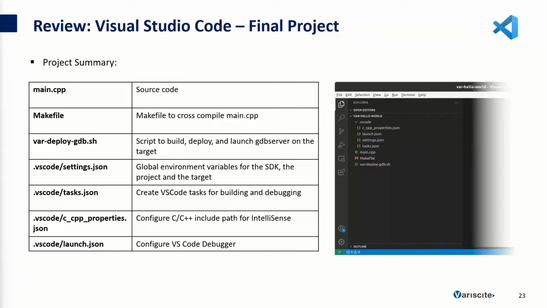We created cpp properties.json, which basically just sets up the include path for IntelliSense. And then finally, we made launch.json, which is used to configure VS Code for debugging. So again, as we move forward through this presentation, you'll see some similarities between debugging a Linux C and C++ application and debugging firmware on the Cortex-M7 coprocessor.